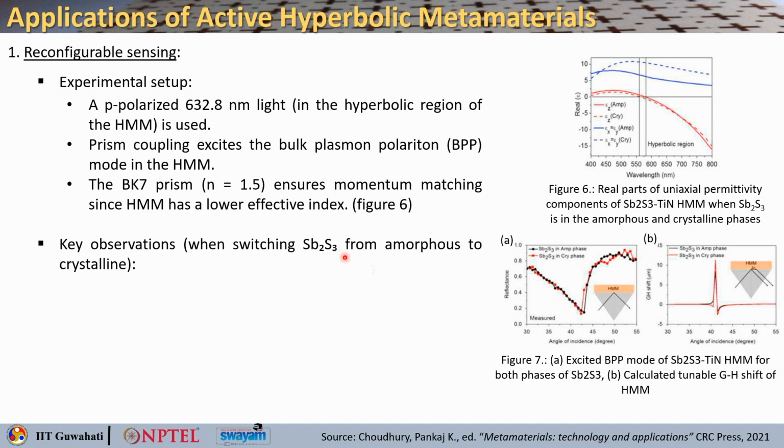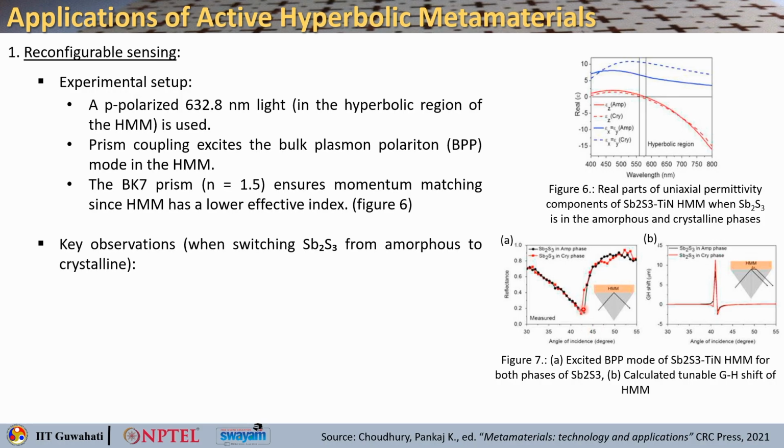Now, this particular setup shows you the experimental setup that has got this prism which is made of BK7 glass. You keep on varying the incident angle, and you keep on measuring the reflectance from this side.